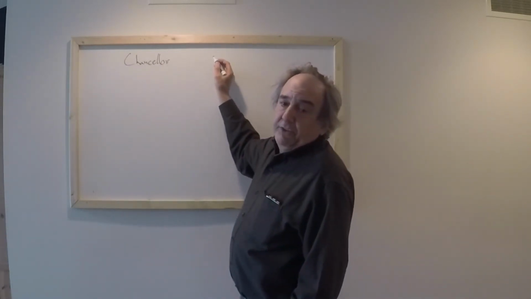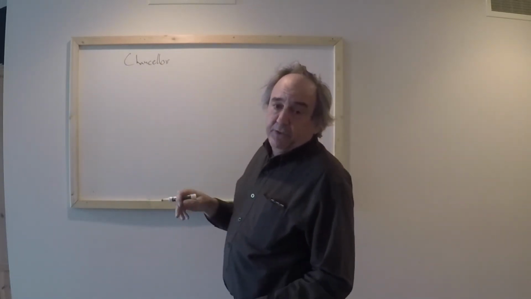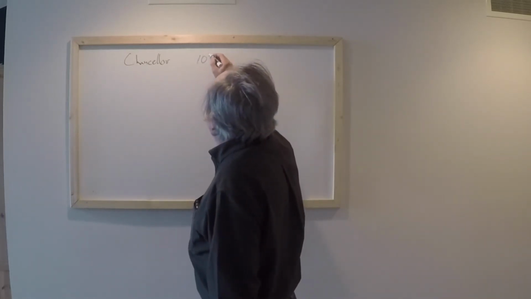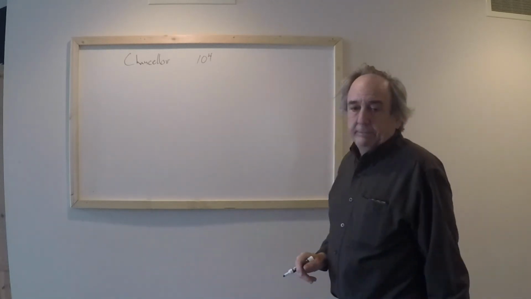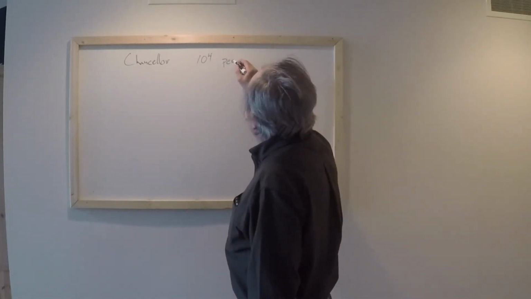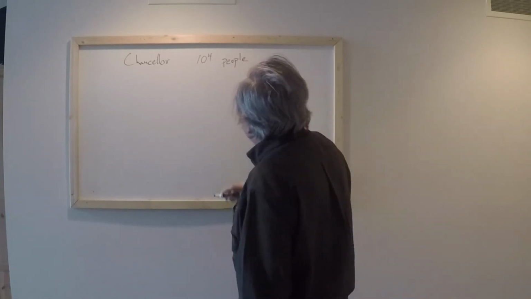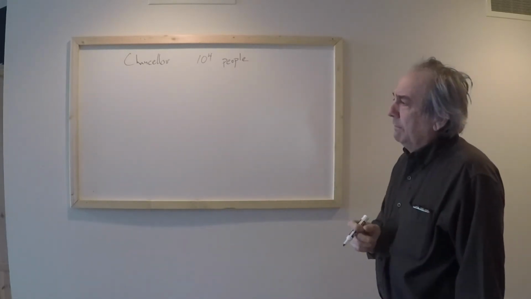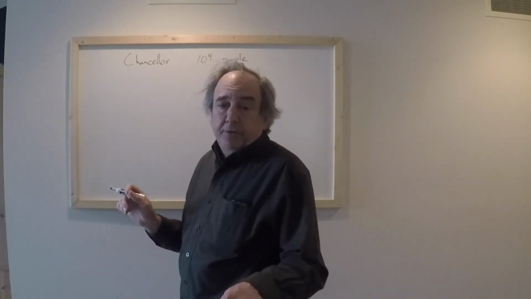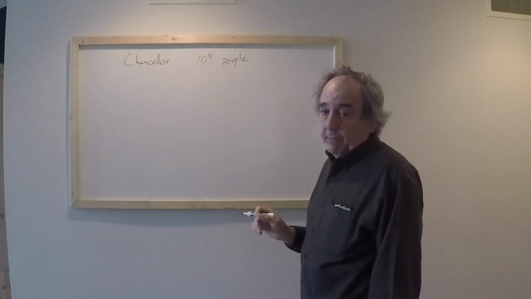And the whole university has on the order of, and this is where we start getting into scale, 10 to the 4 people. I'm going to drop down 2 scales here so that I can make my point.